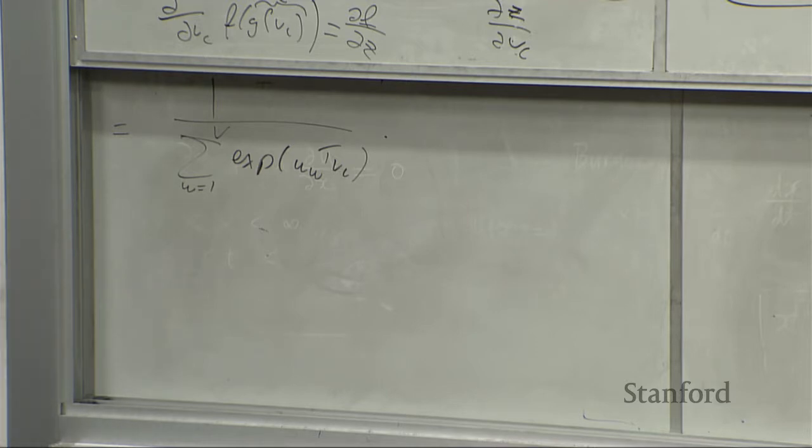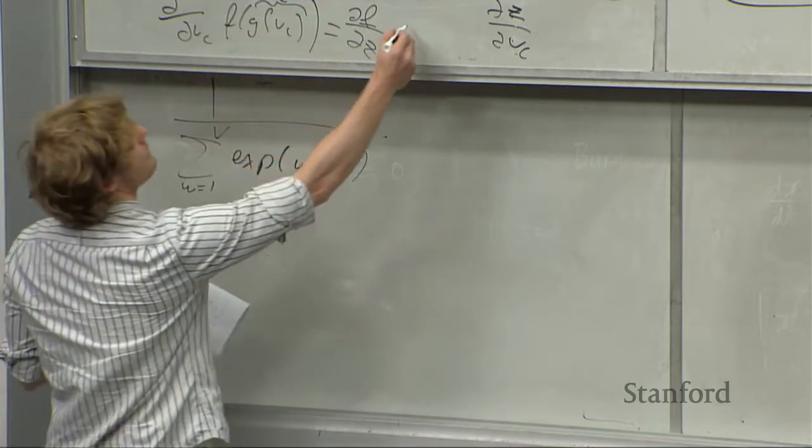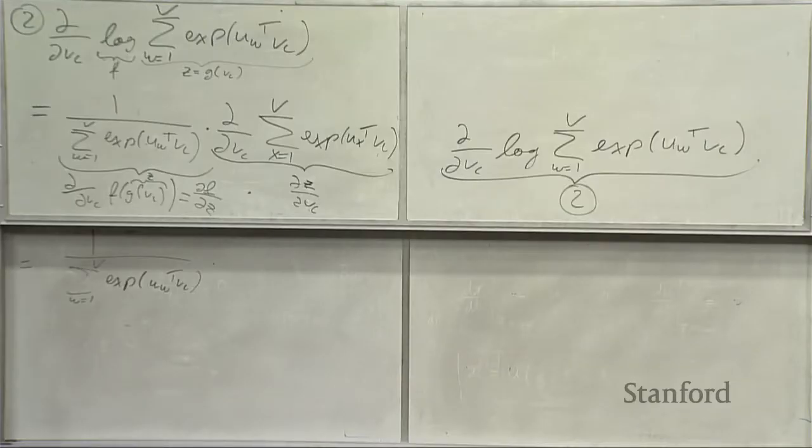F of z. The very last slide, right here? Yeah, the denominator should be partial z instead of partial v_c, because this is just writing up the whole thing.